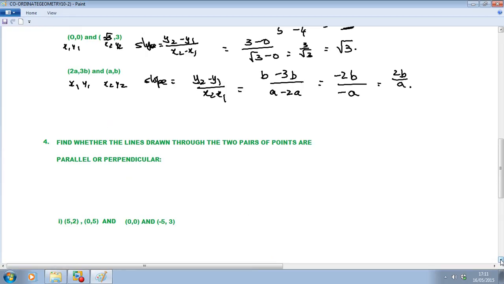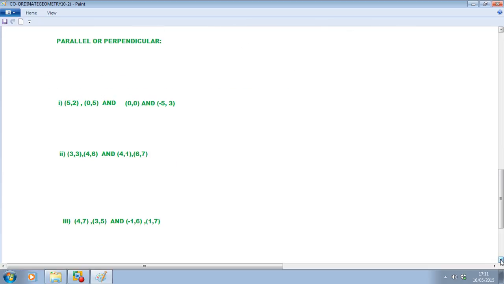Find whether the lines drawn through two pairs of points are parallel or perpendicular. So we have to find out the slope of the first pair of points and the second one.